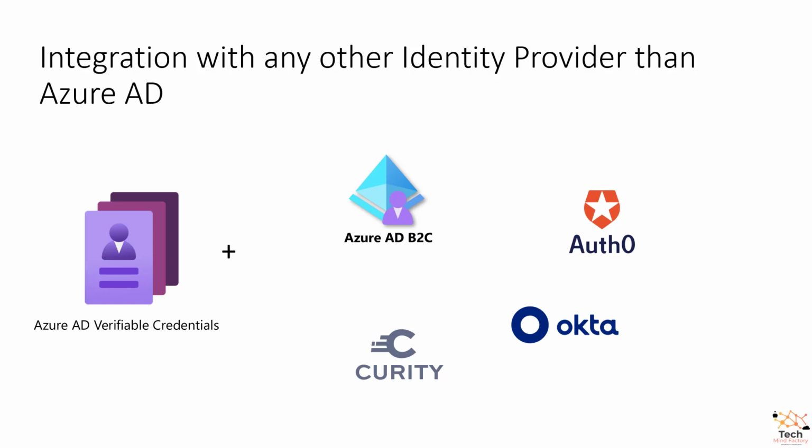But of course, if my web application was secured by Auth0, Okta, Curity, or any other identity provider, I can still generate a verifiable credential using the information provided by the other identity providers that I use to integrate my solution. So it's very important to underline this, because there is a lot of confusion and people think that Azure AD Verifiable Credentials can be used only with Azure AD or Azure AD B2C, which is not true.